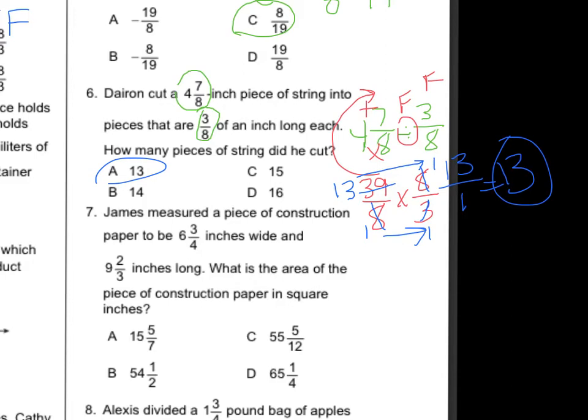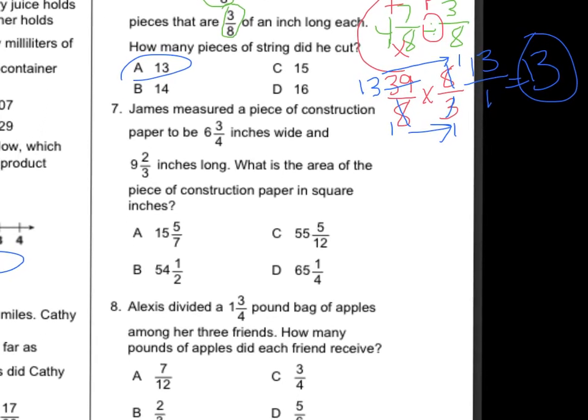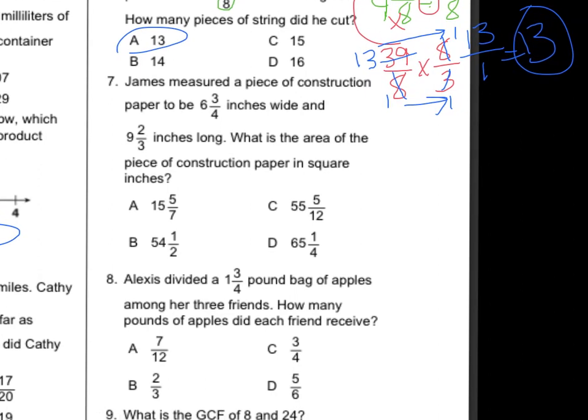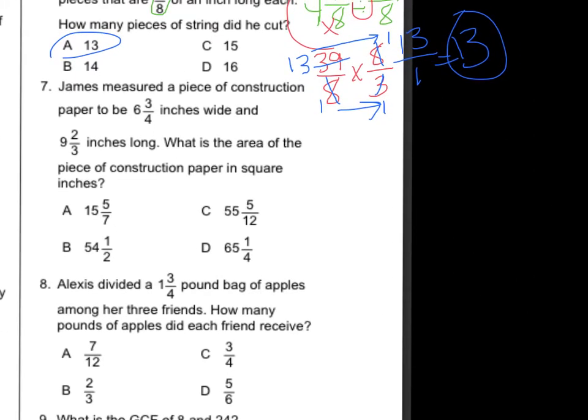Number 7, James measured a piece of construction paper to be 6 3/4 inches wide and 9 2/3 inches long. What's the area? You learned in elementary school, area equals length times width. 9 2/3, 6 3/4.